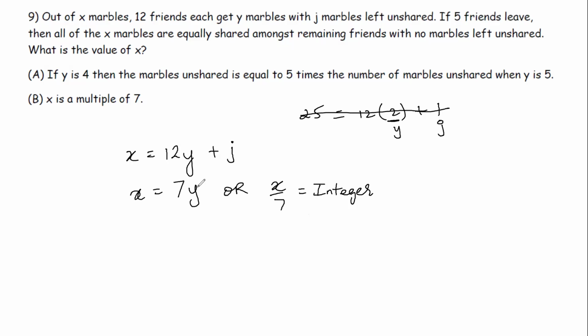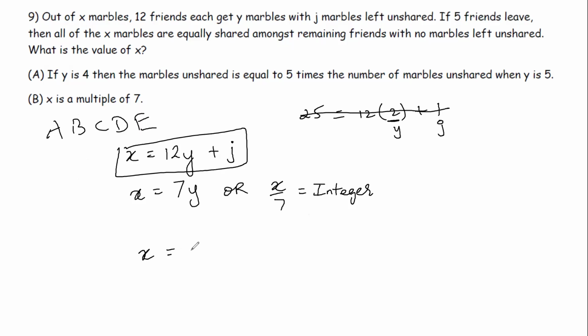Statement 1, options A, B, C, D, E. If Y is 4, then the marbles unshared is equal to 5 times the number of marbles unshared when Y is 5.